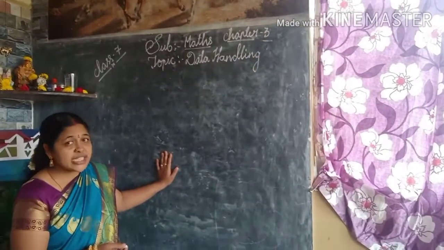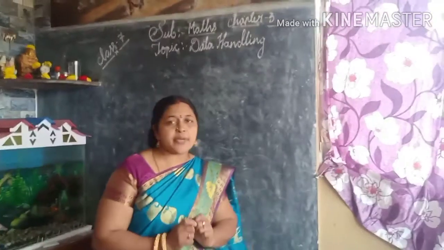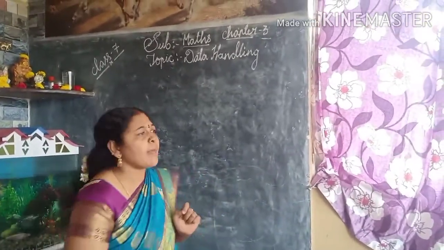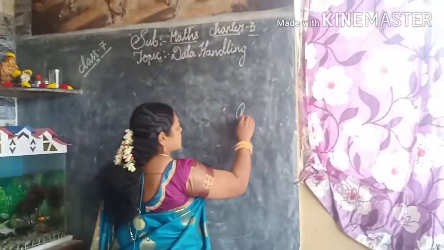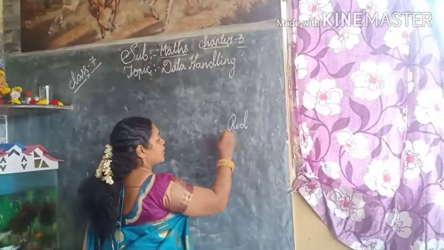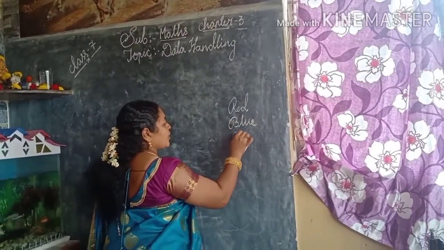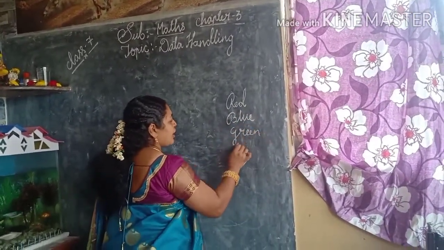Before finding out what is data handling, I will give you a small experiment or an example to be handled. Imagine we have four groups: red, blue, green and yellow.